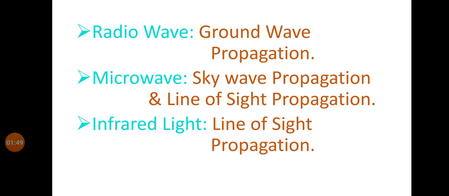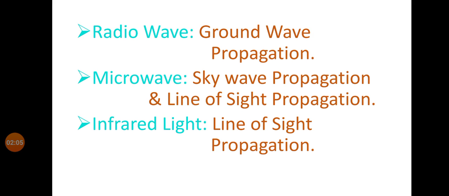So first one is ground wave propagation. This ground wave propagation is used by the radio waves. So the radio waves, to transmit their data, they use ground wave propagation.